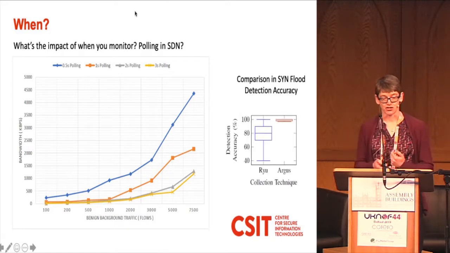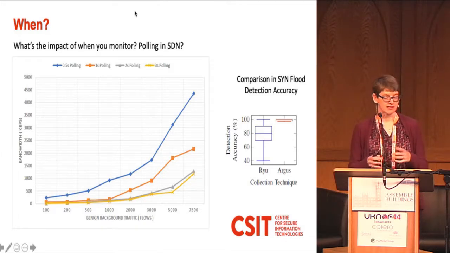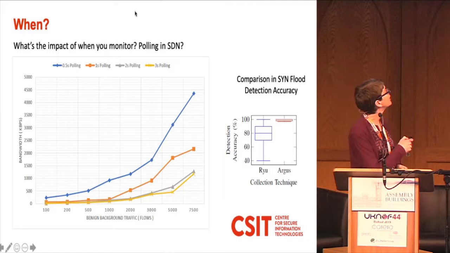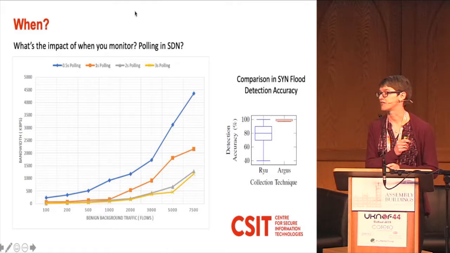And this is again just an illustration of what we were showing on the previous slide, where this is introducing a little bit of machine learning into an application for a SYN flood detection. When we did that using Ryu, which is another SDN controller, you see you get a huge variance in the detection accuracy based on that interval of polling that we set.